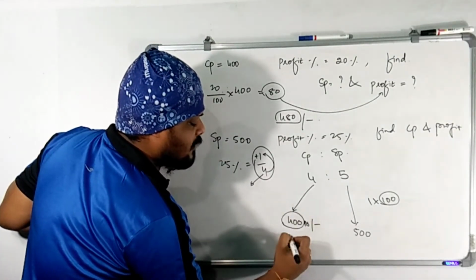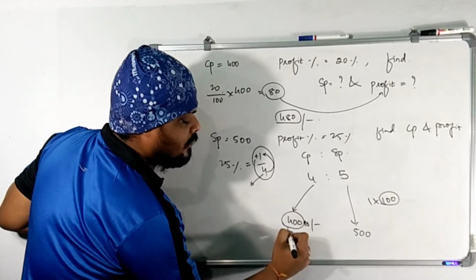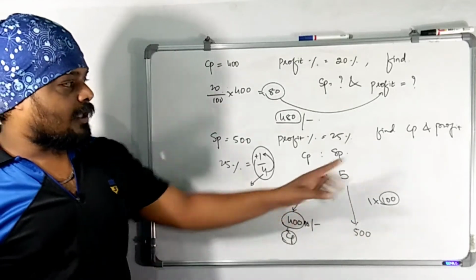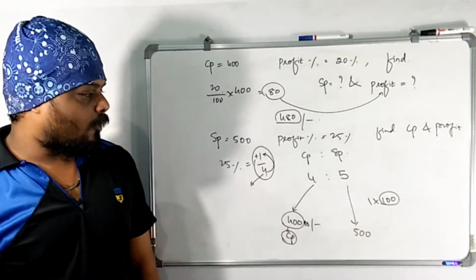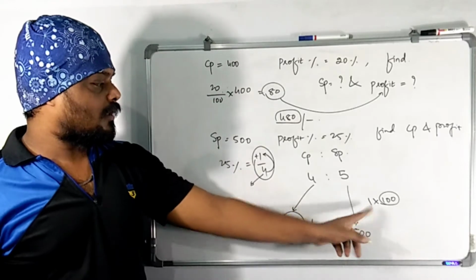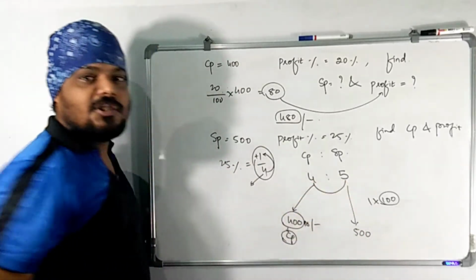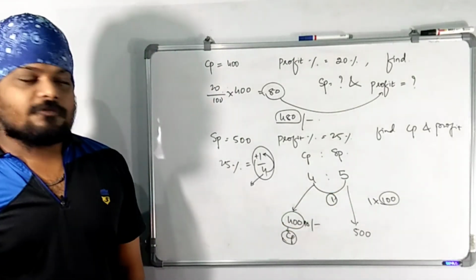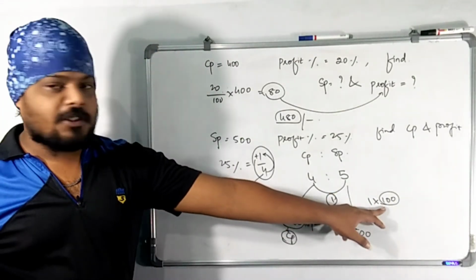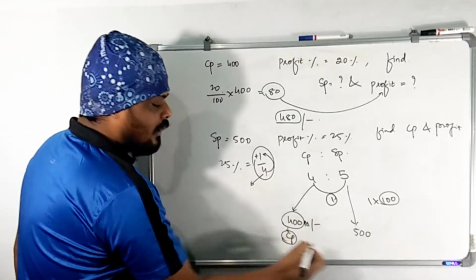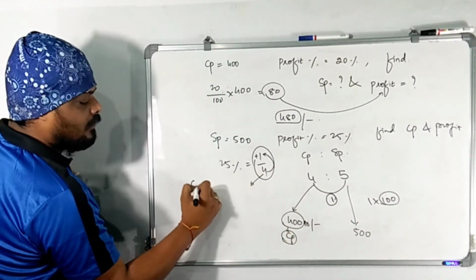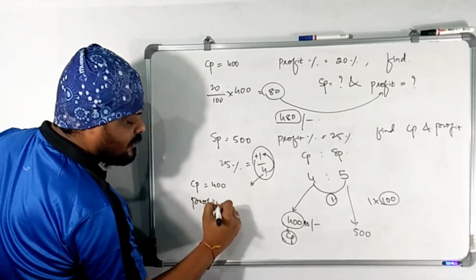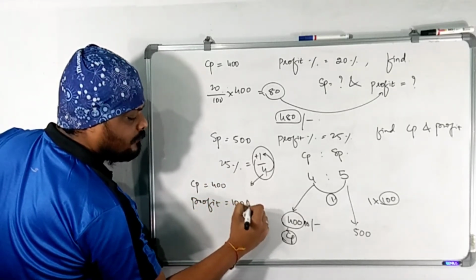Therefore, our cost price is 400 rupees and selling price is 500 rupees. And what about profit? How many units of profit did we get here? We got 1 unit of profit, and the value of 1 unit is 100. So our answers are: CP is 400 and profit is 100 rupees.